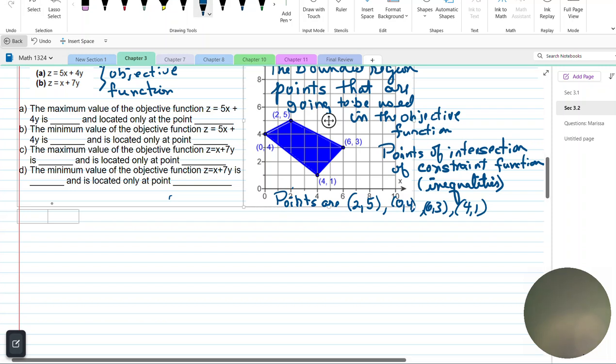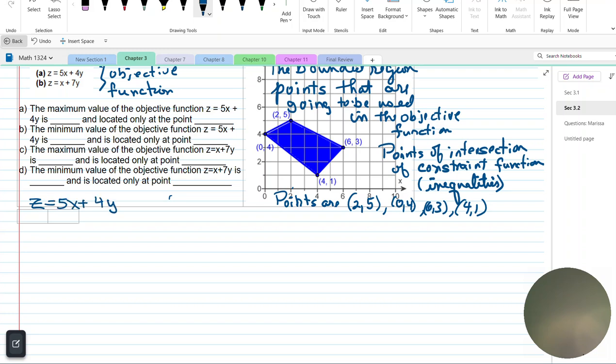So we're going to start first with our z equals 5x plus 4y. And we're going to use our points: (2, 5), (0, 4), (6, 3), (4, 1).